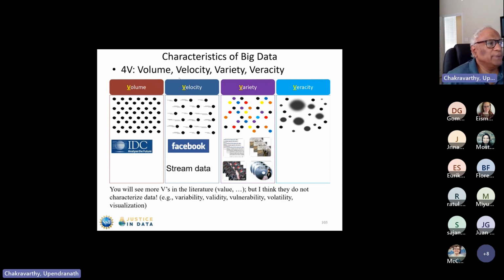Usually, big data is characterized by what we call 4 V's, and they stand for volume, velocity, variety, and veracity. We understand volume. Volume is the size. Velocity is what we try to relate as stream data. This is the speed at which data comes.